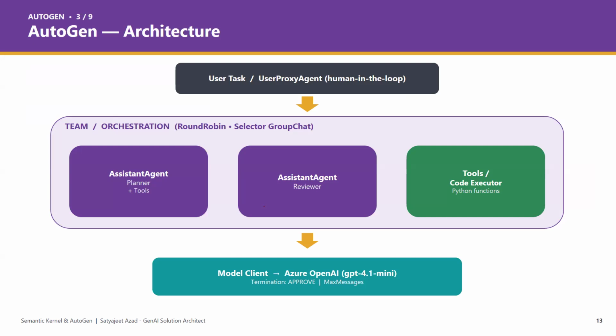And other agents are, for example, the assistant agent and assistant planner agent. In other frameworks, we try to create an assistant agent, reviewer agent, planner agent ourselves. But here you have some agents which are already built in, right? You see the brighter side of AutoGen, right?